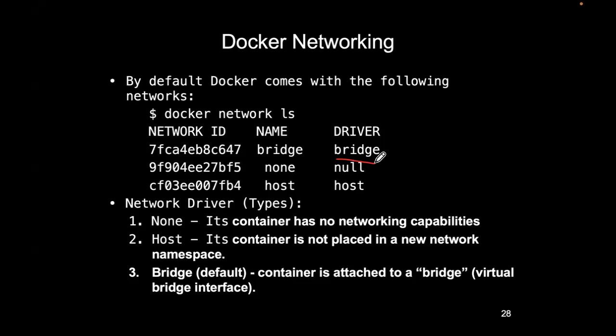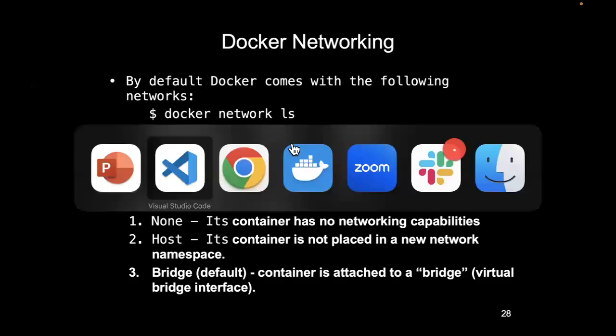Any container that we create by default is added to the default bridge network. And each container gets its own IP address within the IP subnet range that has been allocated to the default bridge network. Now, how do I find what is the subnet range associated with the default bridge network? Well, the docker inspect command actually does that for me.